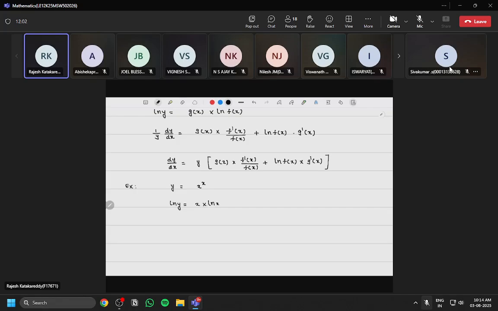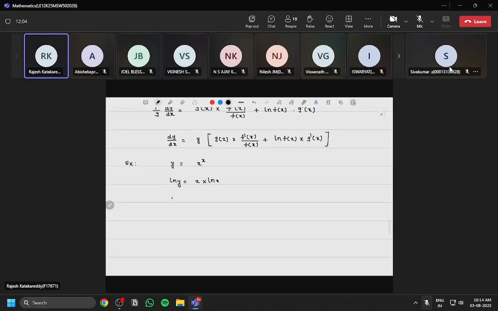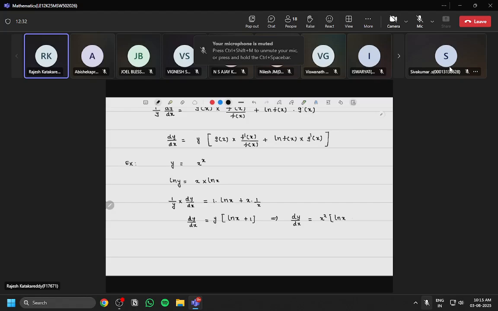If I take the derivative with respect to x on both sides, 1 by y into dy by dx is equal to 1 into log x plus x into 1 by x. So dy by dx is equal to y into log x plus 1. If I back substitute y, dy by dx is equal to x power x into log x plus 1.